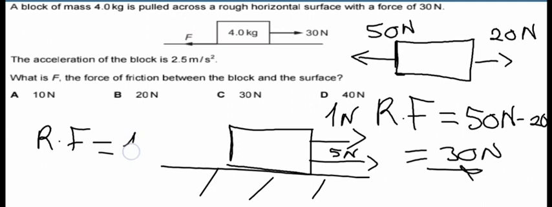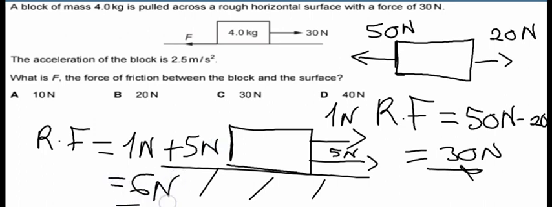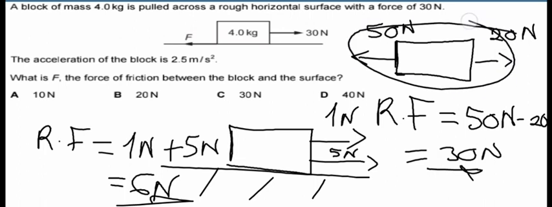So we need to say 1 newton plus 5 newtons. Then the answer is just going to be 6 newtons. So that is how you are supposed to answer when forces are acting in the same direction and when forces are acting in opposite directions.